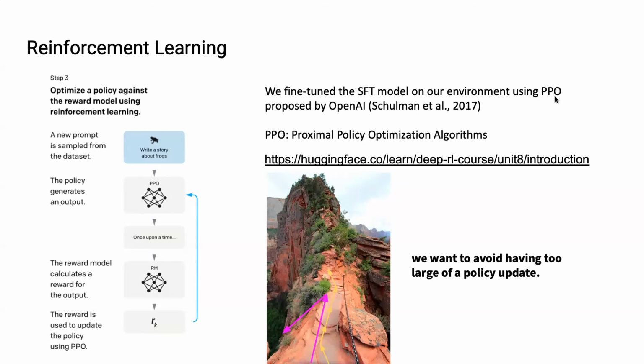PPO is not proposed in this paper. PPO is the proximal policy optimization algorithm, proposed by OpenAI a long time before this, in 2017. I think OpenAI has used PPO everywhere, including training their LLMs. The key concept in PPO is to avoid having too large policy updates.